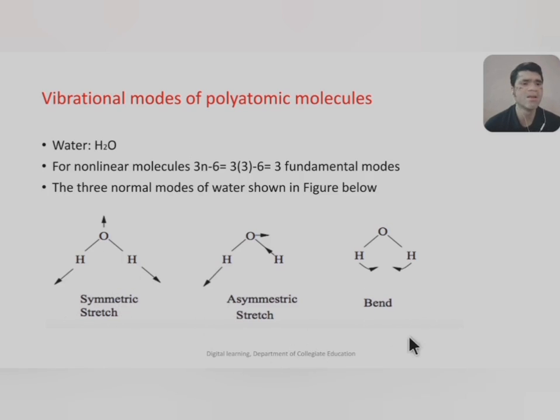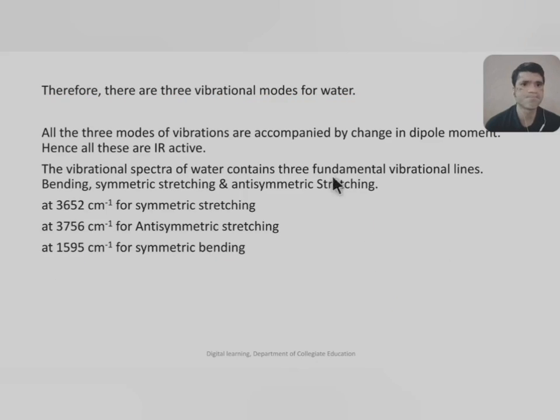In bending, we have different types of bending like scissoring, rocking, etc. Therefore, there are 3 vibrational modes of water. One appears at 3652 per centimeter for symmetric stretching, another at 3756 per centimeter for antisymmetric stretching, and 1595 per centimeter for symmetric bending.